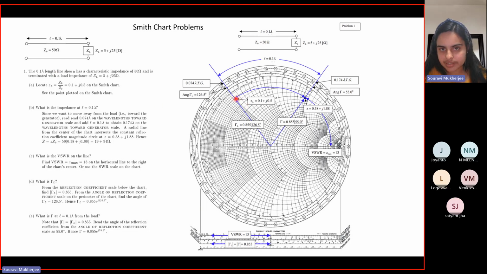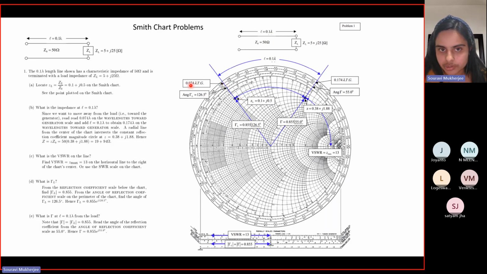So how do you do it? First we extend this line so that we get the scale which tells us the location in terms of distance. The distance is with respect to wavelength, and it tells us where we are with respect to the generator, right? Wherever it cuts gives us a distance.